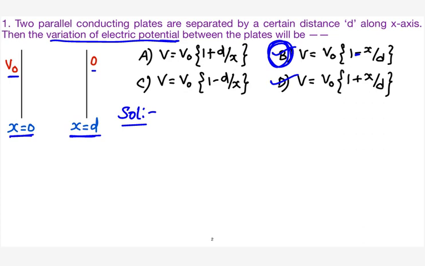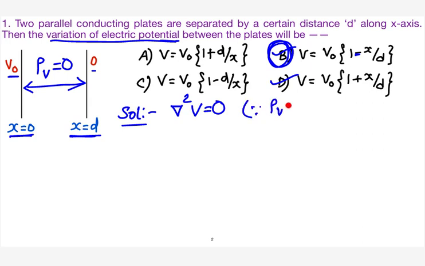As I mentioned here, since nothing about the medium has been given, you can assume that the medium is source free. So you can assume there are no charges present in the medium. So when there are no charges, using Poisson's equation, you can say del square V is equal to 0.